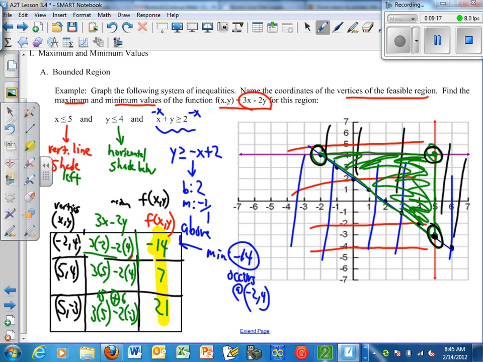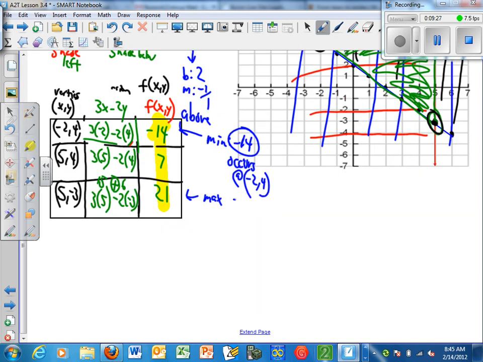But the actual value is -14. The maximum, so of those 3 numbers, which one's the biggest? 21 is. So the max is 21. And that occurs at 5, -3. So, you need to put things in your table, be organized. It's a very good way to organize it.